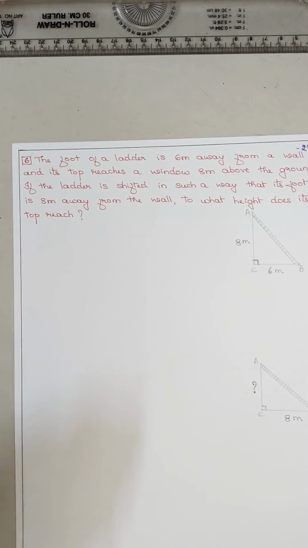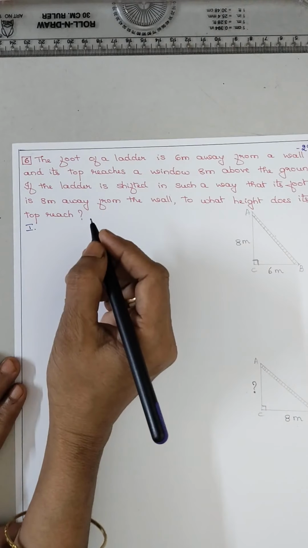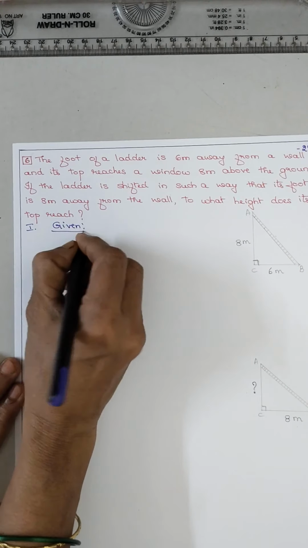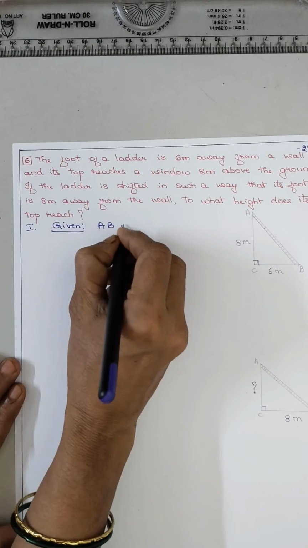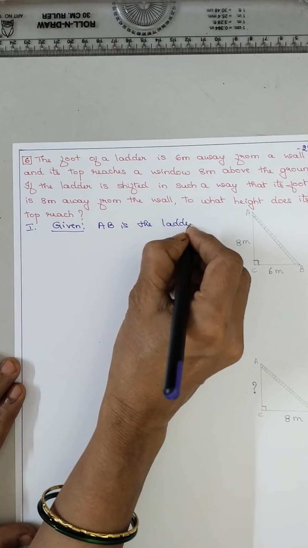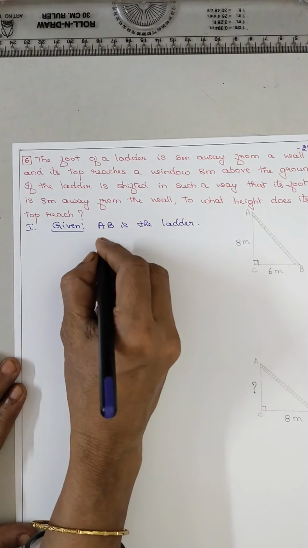So there are two halves, isn't it, in one sum. So in the first half, what is given: AB is the ladder, and you got the right angle triangle.